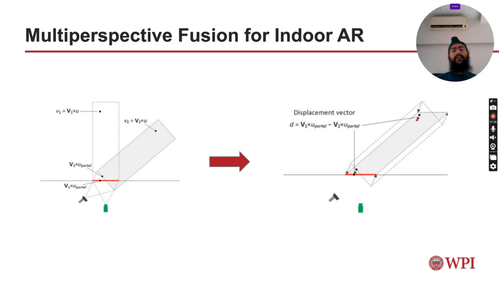And so now looking at this idea of fusing multiple perspectives for a different task, we can think of moving in a hallway, and then we have a side corridor, and we want to try and see in that corridor before we're directly in front of it.